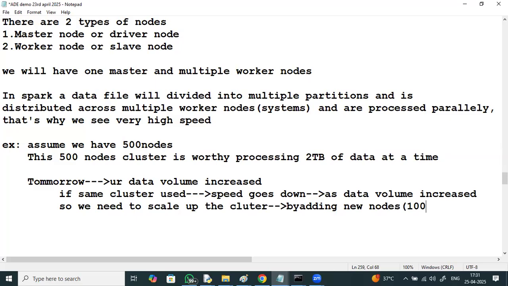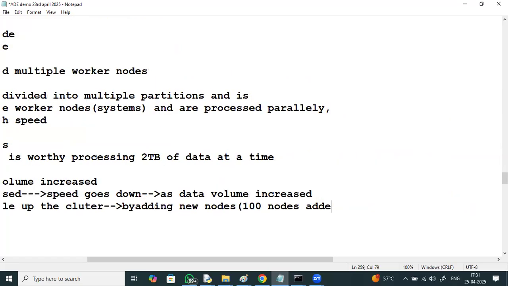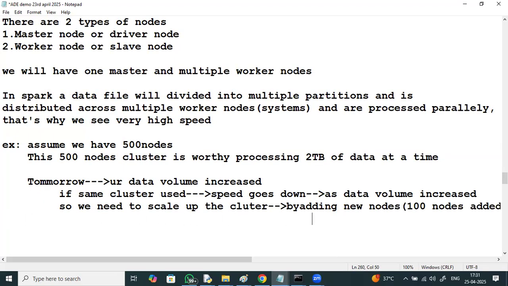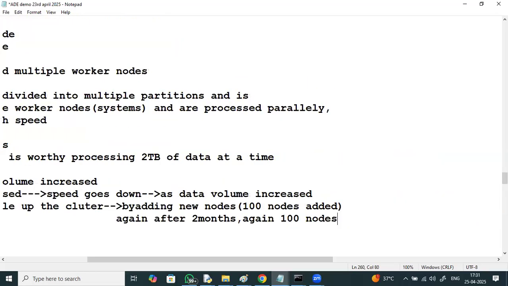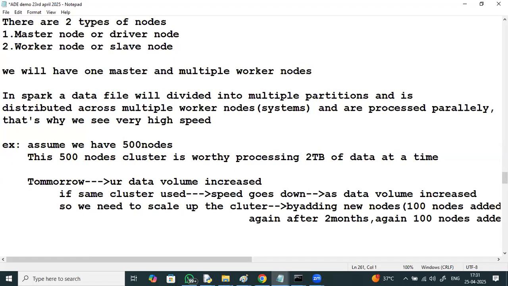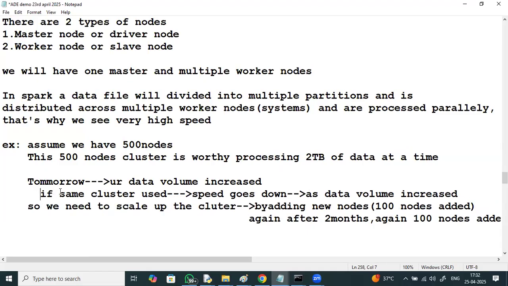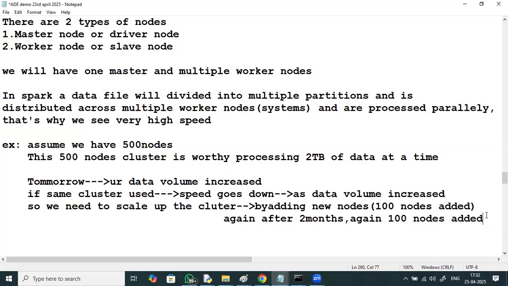Think that 100 nodes are added. Again, after 2 months, again 100 nodes added. So every time we need to keep on adding nodes.